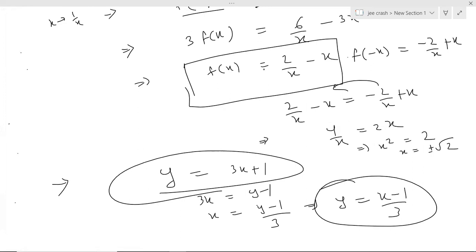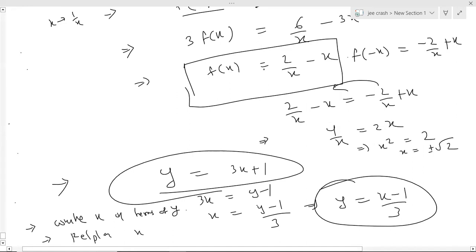Everyone is clear how to do this? Write x in terms of y. Replace x with y. Is it clear, everyone, how to find inverse?